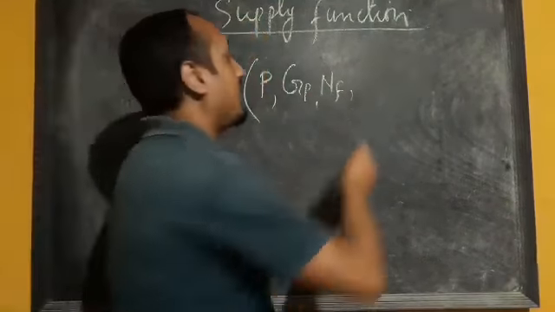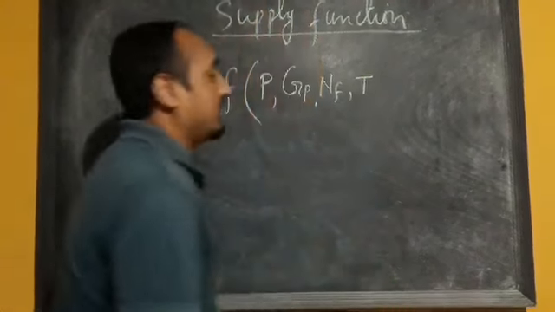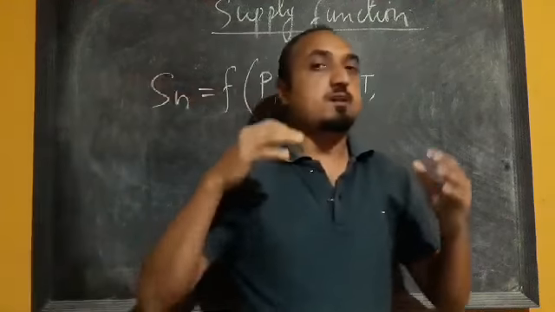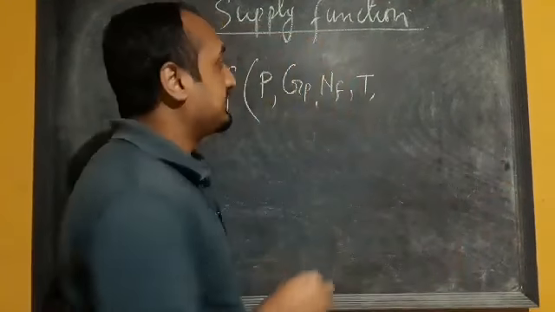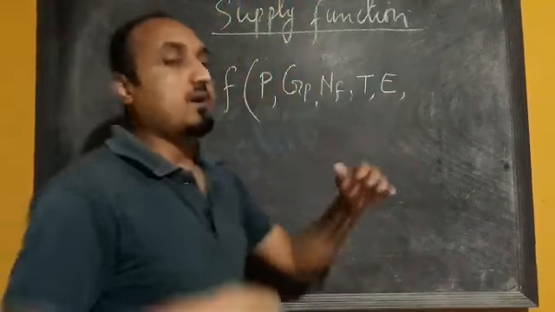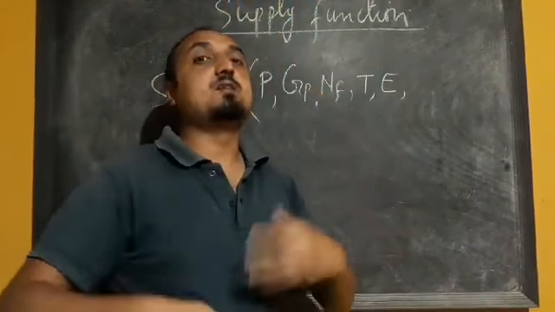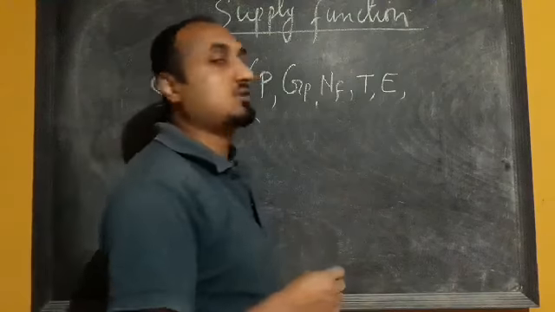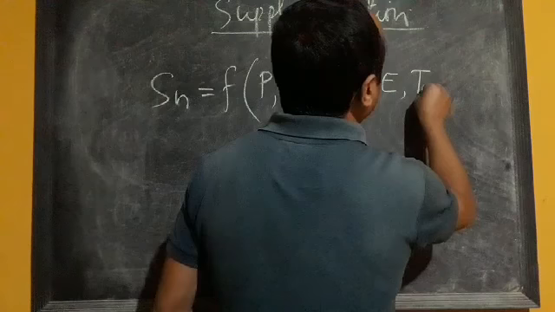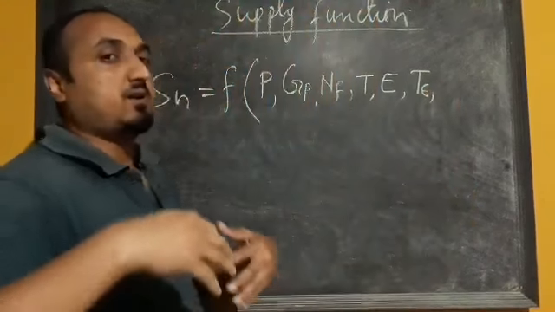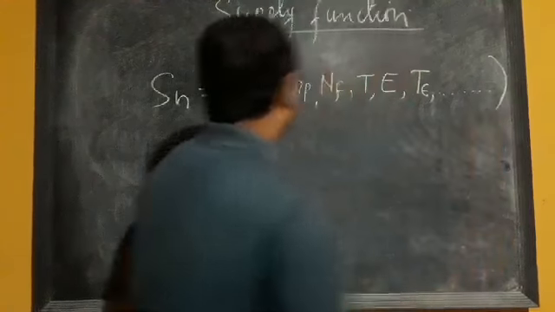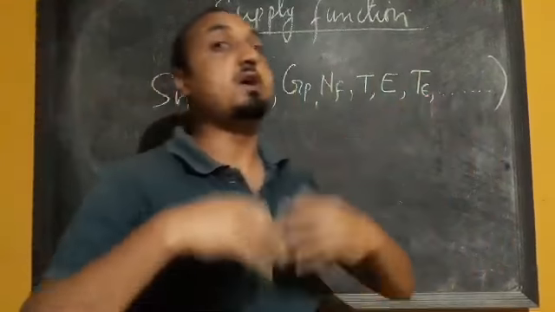Taxation policy of the government, let's represent that by T. Similarly, the expectations regarding future prices, let's represent that by E. Next, technology or techniques of production is also one of the important factors, so represent that technology by, say, TE. And similarly, n number of determinants are there that can be represented in different symbolic forms.